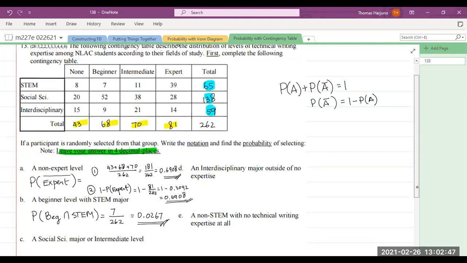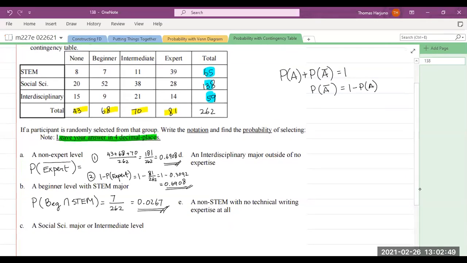Part C. The probability of selecting a social science major, probability of social science or intermediate level. Social science or intermediate level.